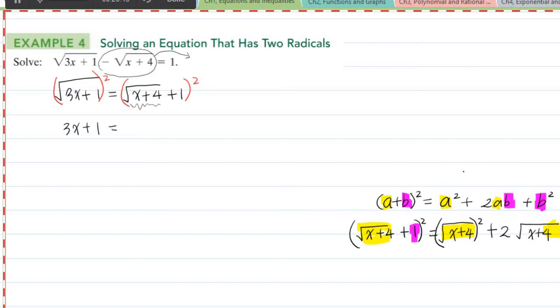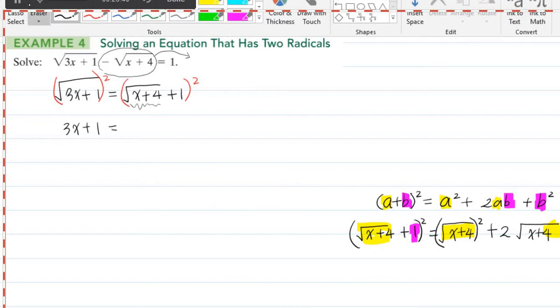And then multiply by b, that would be multiply by 1. Our b is just 1. And then that would be plus, I guess it's better to write the number first, not color it first. Now b squared is just 1 squared. So I'm going to fix this.